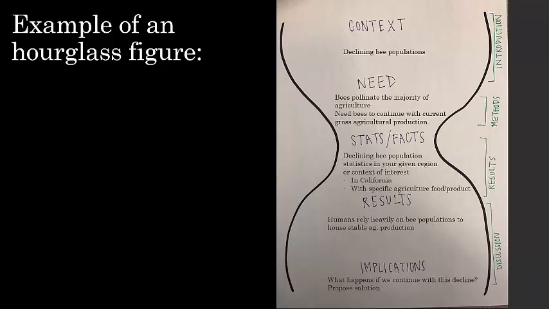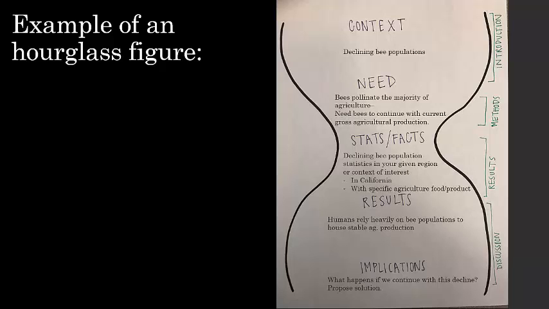So when you think of it that way, we could think of specifically in California, how are declining bee populations affecting our agriculture here in California? How is that impacting our state's economy? How is it impacting the health of the agriculture that we have? What is it specifically that we're looking into?